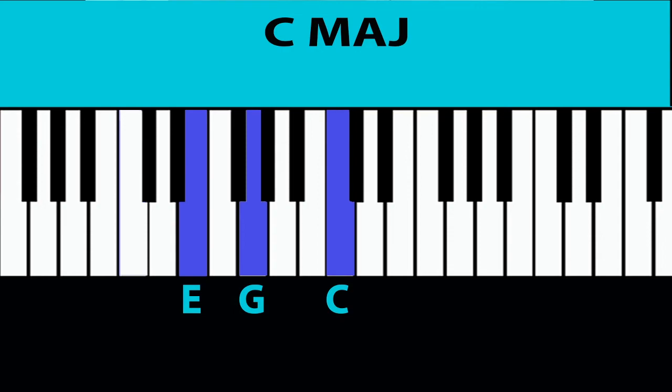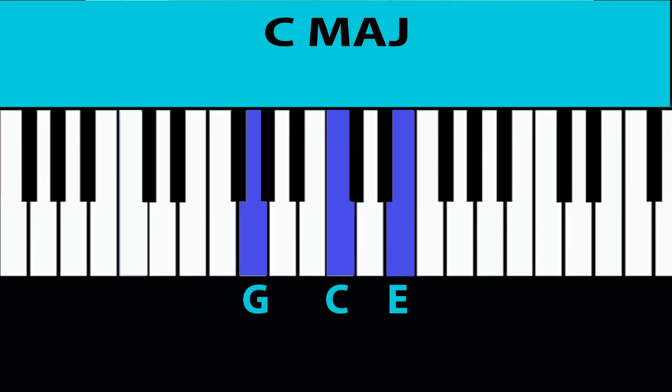So we've got our first inversion, E, G, C, still a C major chord. If we were to take that bottom note, pop it on top, now we've got G, C, E. Same notes in the C major chord, just in a different order.